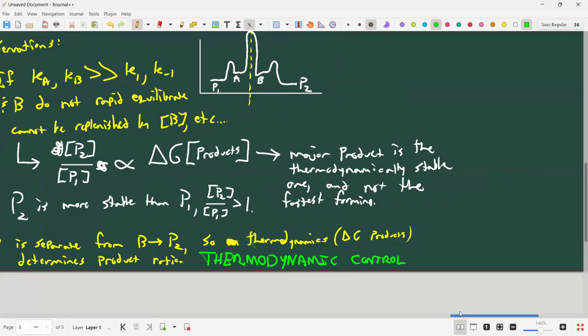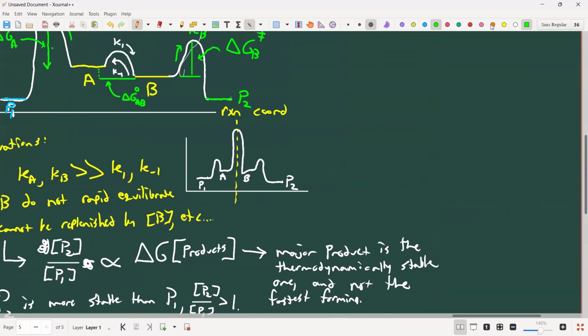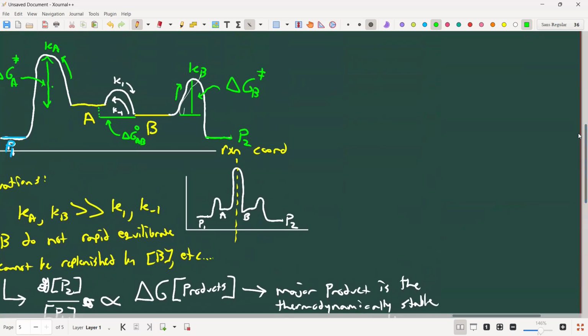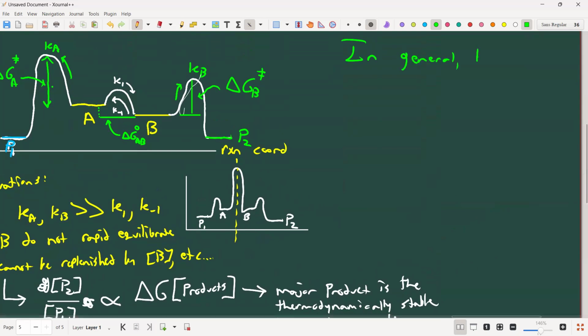All right, so the difference between these, and I'll just say this in general. In general, reactions are kind of in between. They might be competitive, they might not be competitive. It depends on the relative heights of the barriers, but there are general limits, right? So in general, you could say that Ka, Kb are often competitive with K1 and K-1.